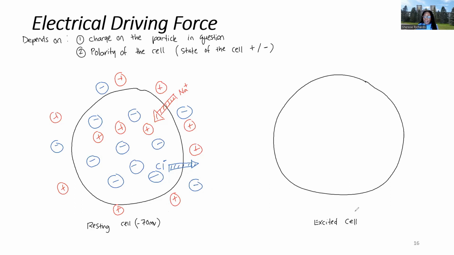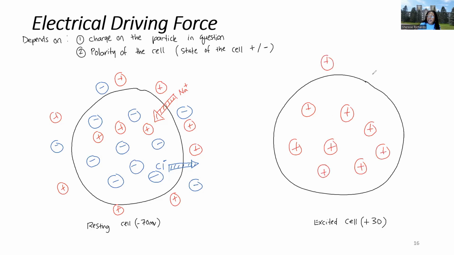Now, when we excite a cell, we are going to increase the membrane potential value to positive 30, right? And what that means is that the orientation here is going to be reversed. So here we have lots of positive charge on the inside of our cell, right? Notice the inside now is overwhelmingly positive.